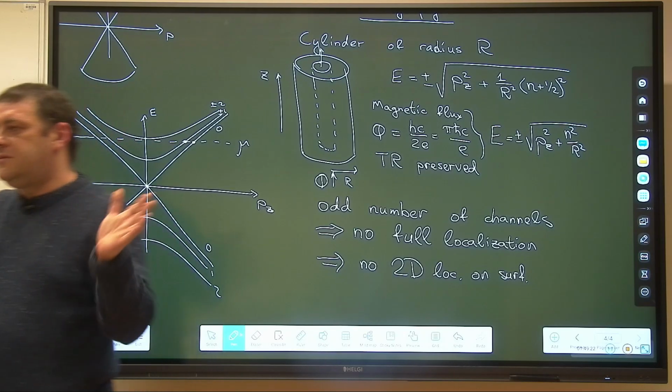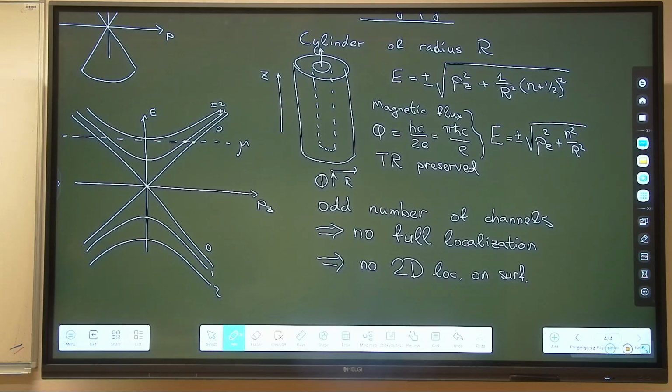Unfortunately I didn't present this argument in my lectures, but it's a very famous thing, you can read about it in many places, and this one is its version for the quantum spin Hall effect, which is written in much fewer places.